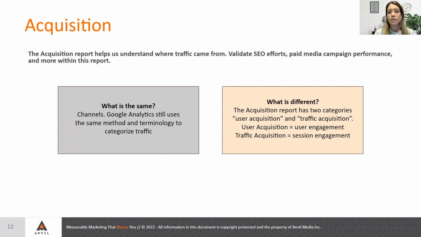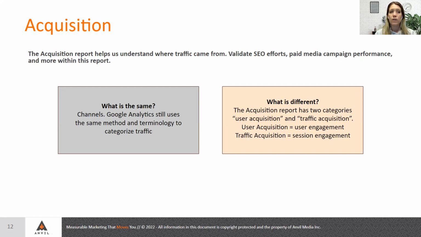But what is different is the acquisition report is now going to have 2 main categories. You'll see user acquisition and you will see traffic acquisition. User acquisition is going to be focused on the individual user, whereas traffic acquisition is going to be focused on the actual session.